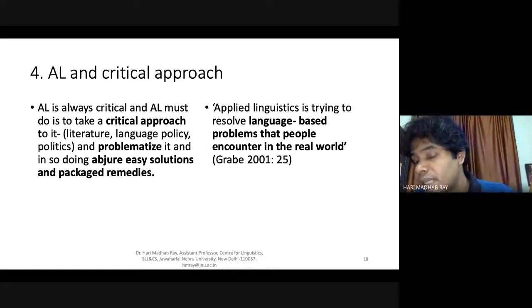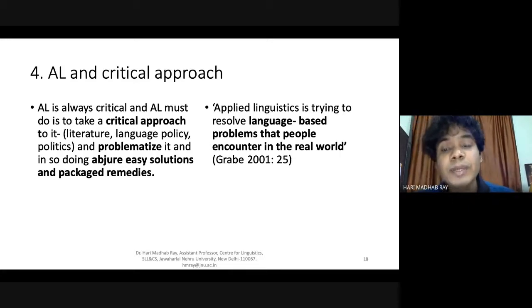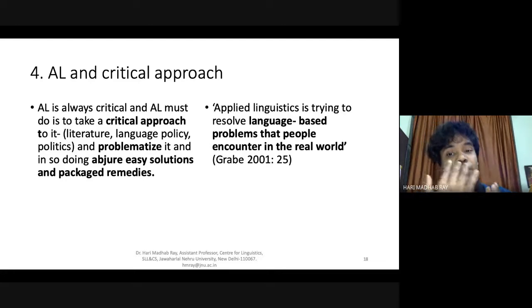So you do have your theory, and you make use of the theory, but at the same time you do empirical research or a pilot study, and then try to address the real-world problem.